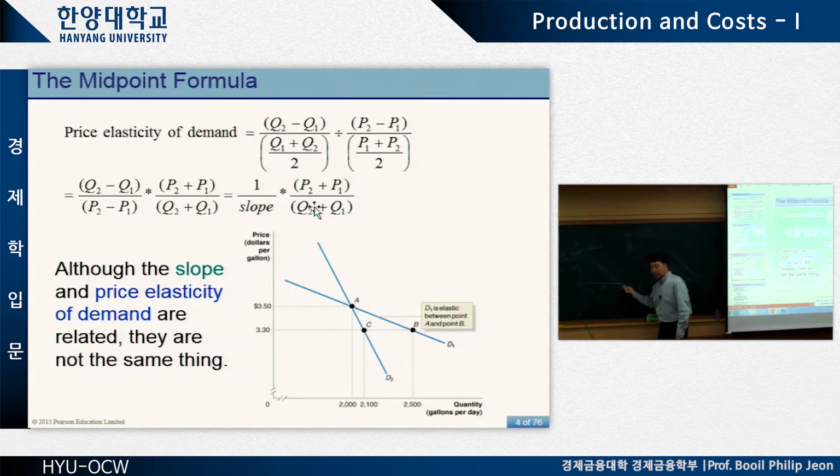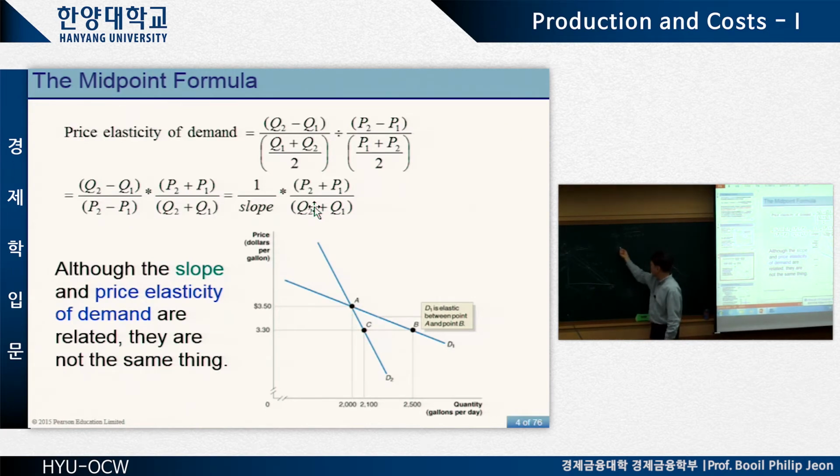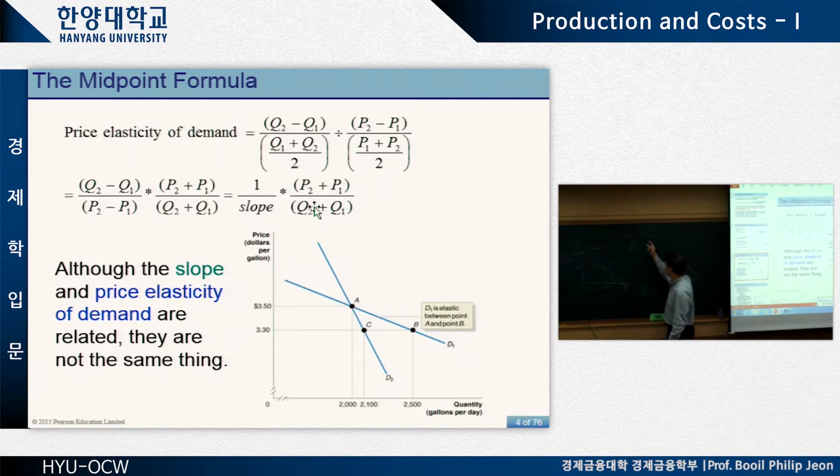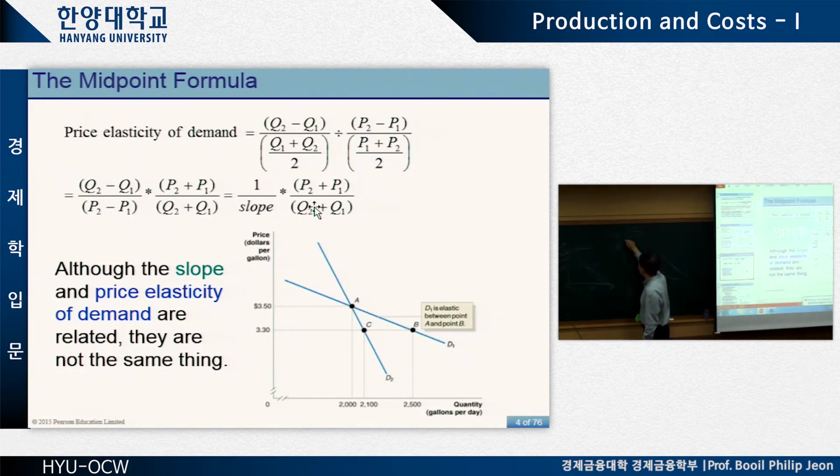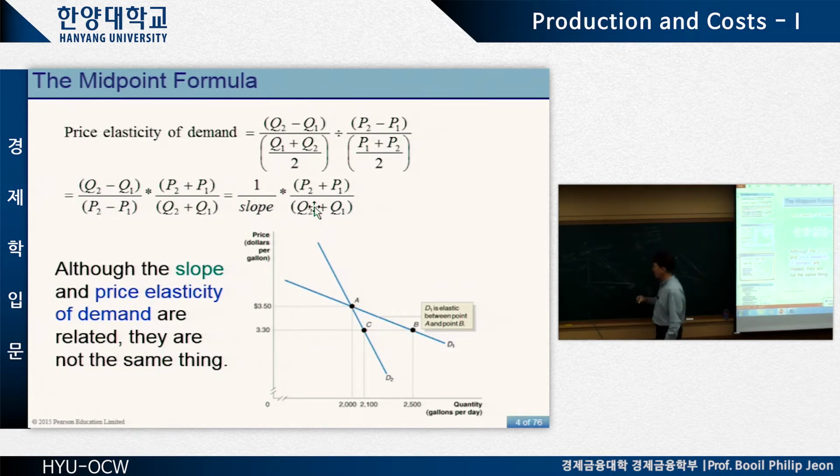So 1 divided by slope is Q star divided by P star, right? Times 1/2 P star plus 1/2 P star, right? Well, of course, yeah.